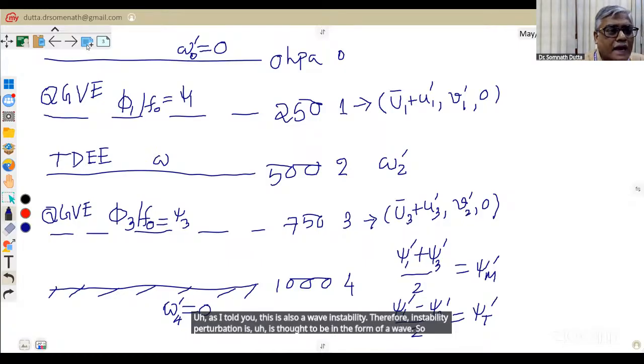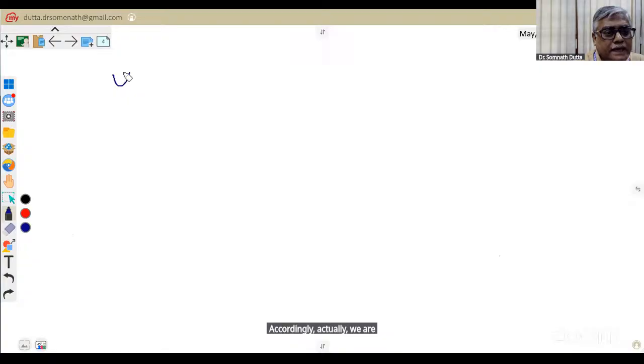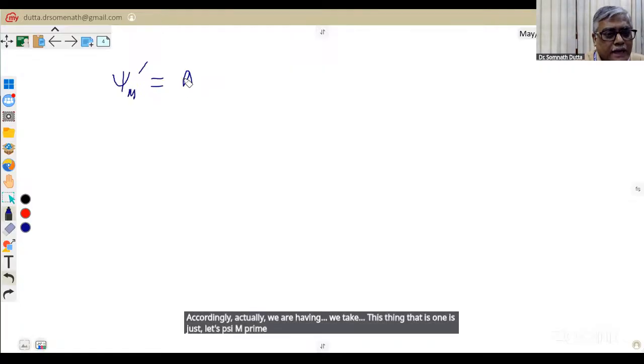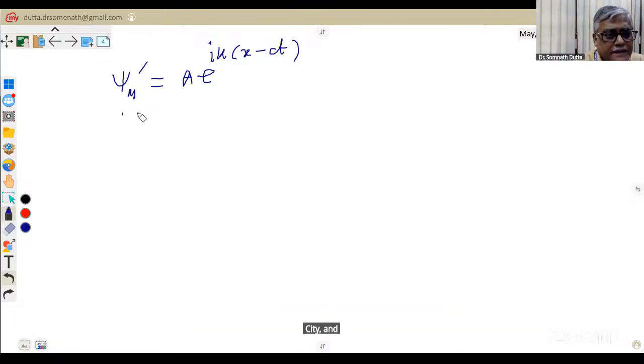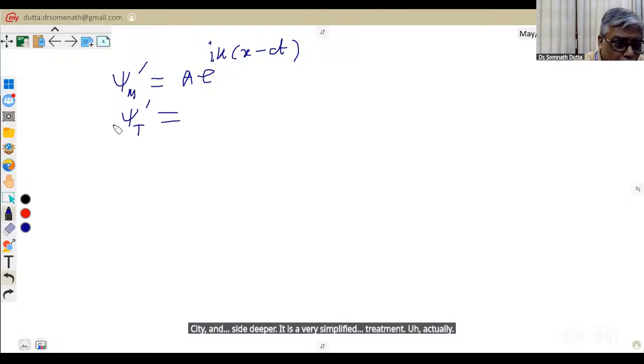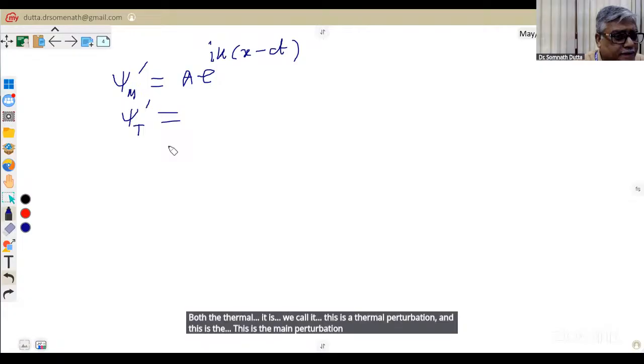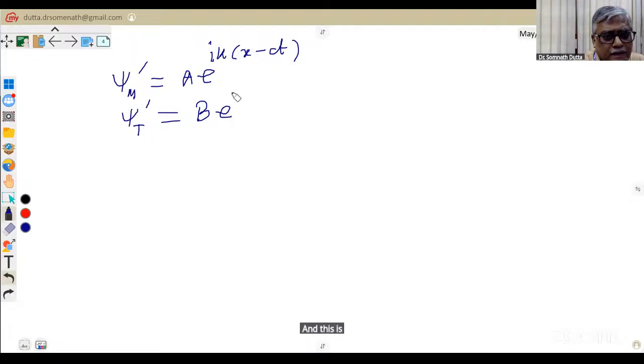So accordingly, we take psi m prime equal to A e to the power i k (x minus ct), and psi t prime, in a very simplified treatment. This is the mean perturbation, this is the thermal perturbation, the wind perturbation you can say, and this is B e to the power i k (x minus ct).